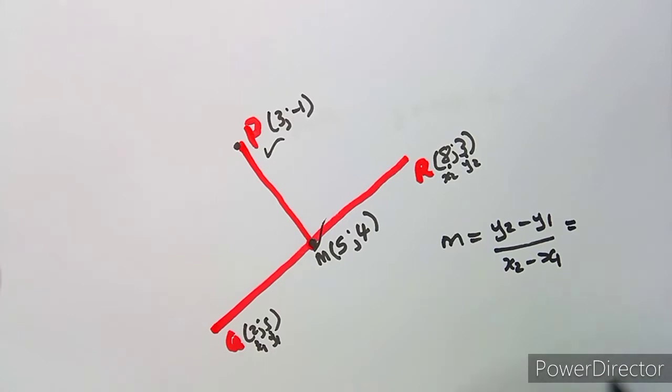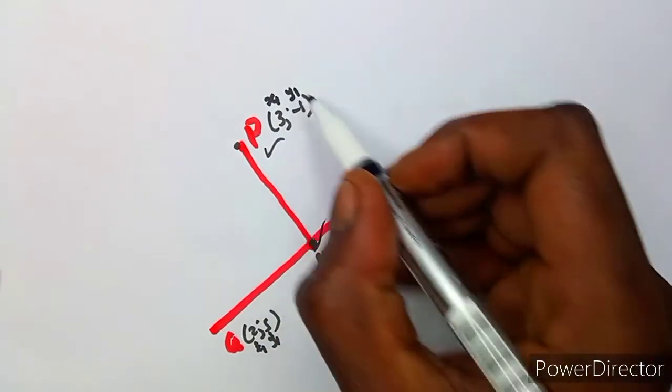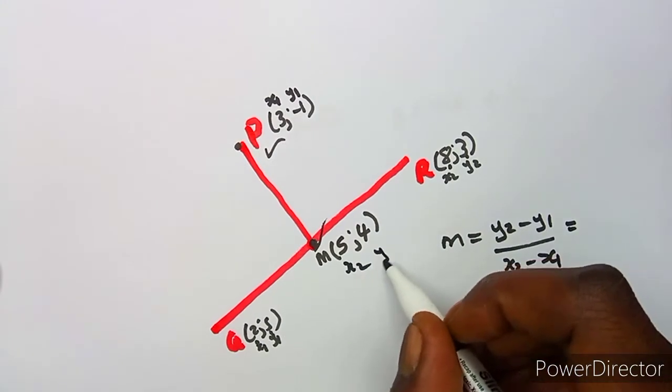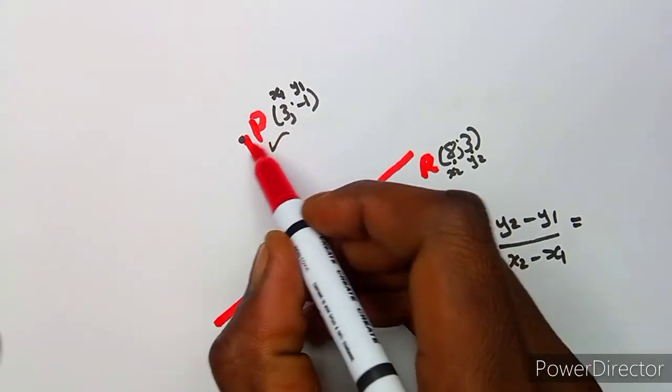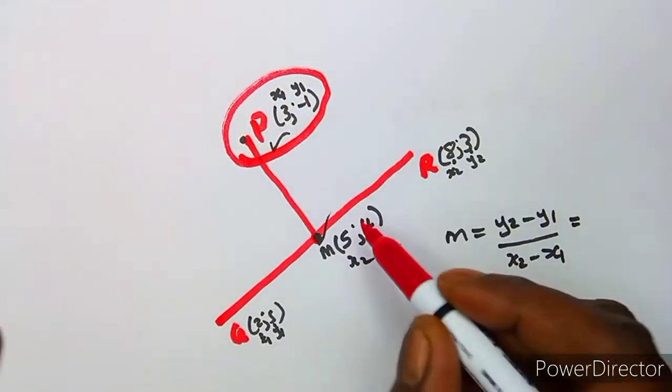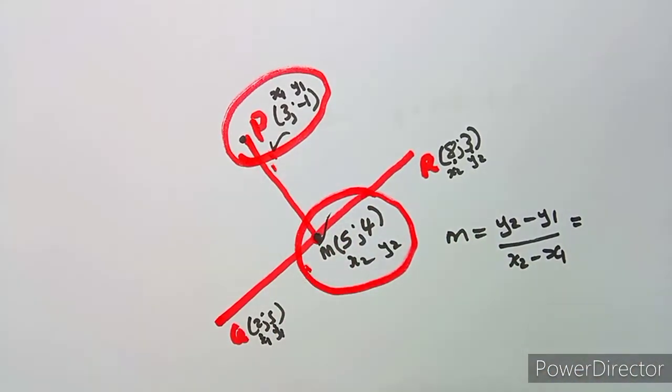In this case, we can just name our points: this is our x1, y1, and x2, y2. We are focusing on these 2 points because we want the equation from this point P to the midpoint.